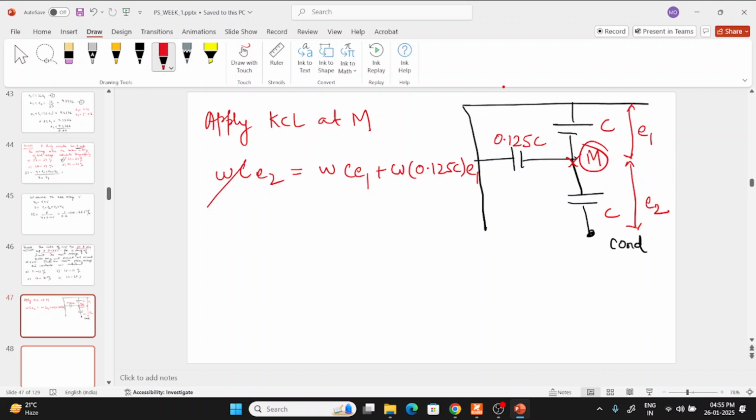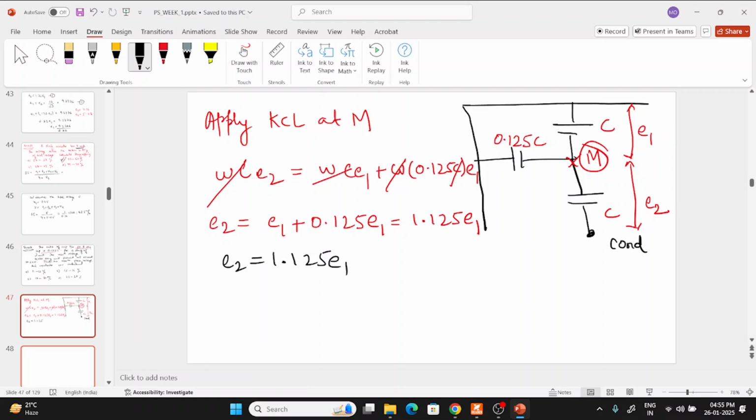So omega will cancel out from here. Then it will be E2 is equal to E1 plus 0.125 E1. It will come out to be 1.125 E1. So basically E2 is equal to 1.125 E1.